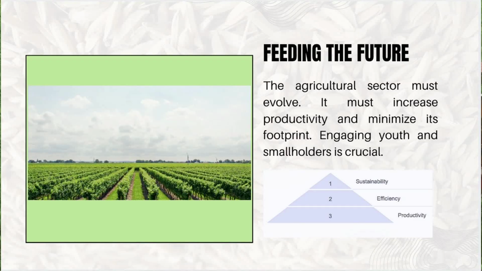With an additional 2 billion people to feed by 2050, the agricultural sector must evolve to increase productivity while minimizing its environmental footprint. Therefore, solutions include adoption of technology, as I have already mentioned, like precision farming and IoT, to enhance efficiency and sustainability, and engaging young people and smallholder farmers to drive innovation and growth.